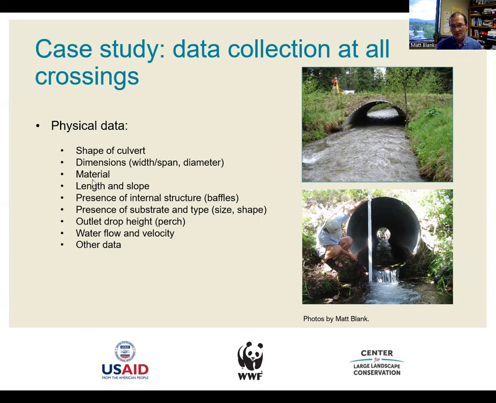Shape of the culvert, dimensions, the width, the slope, the length, the material, presence of baffling structures within the structure, presence of substrate or rocks, either purposely in the structure or not, outlet drop, water flow, and velocity. So flow is the volume of water per time, and the velocity is the speed of it. And then other data can be brought into this as well, depending on how much you want to collect. This is generally the minimum.